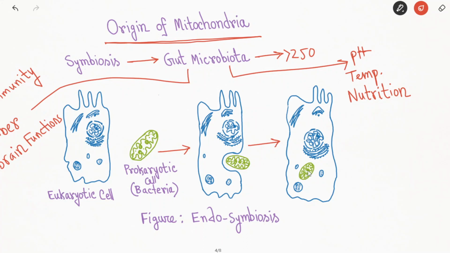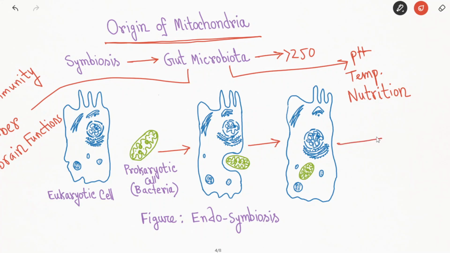This prokaryotic cell utilized oxygen and broke down the organic compounds to generate energy, and that energy can be utilized by the eukaryotic cell. In return, the eukaryotic cell provides protection from the surroundings. So the prokaryotic cell gets the protection, and the eukaryotic cell gets the energy.